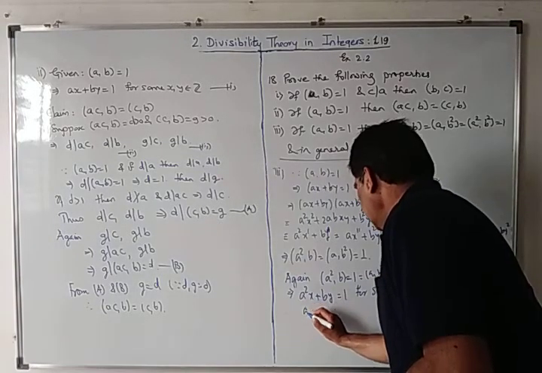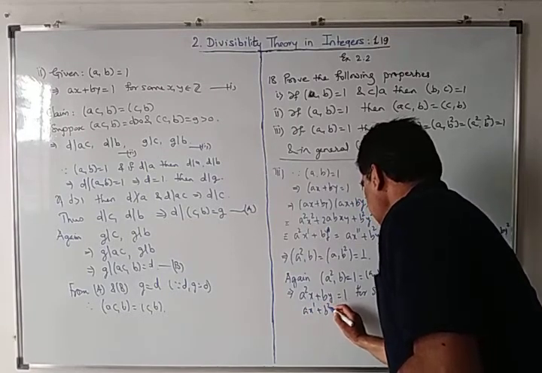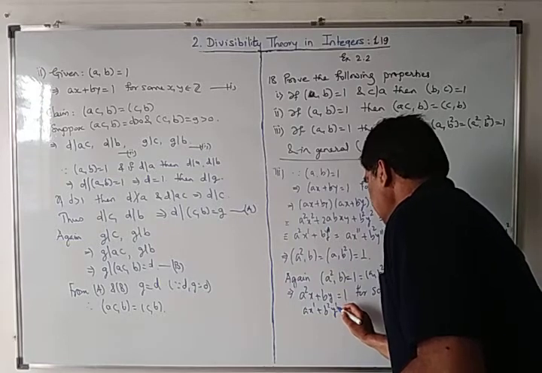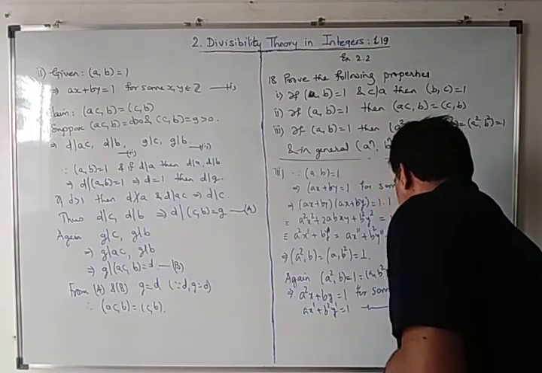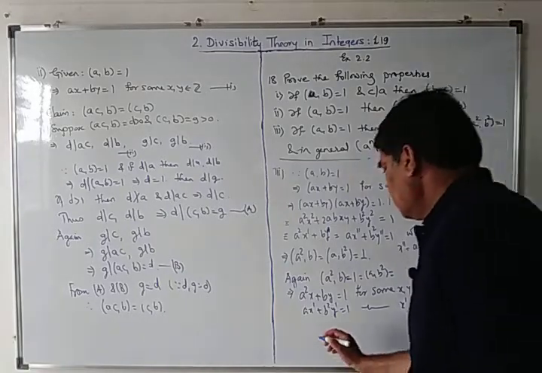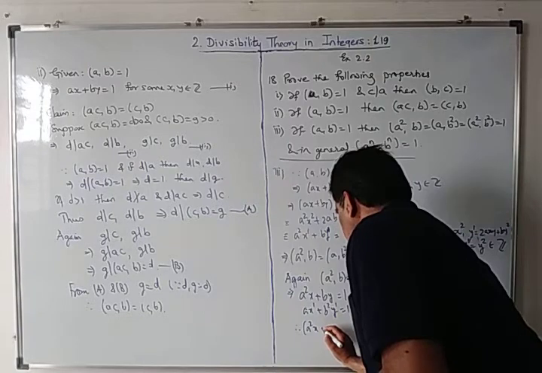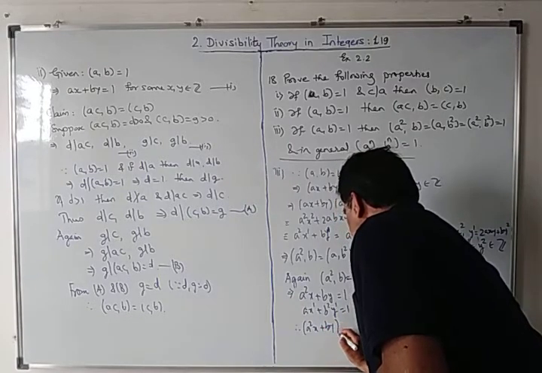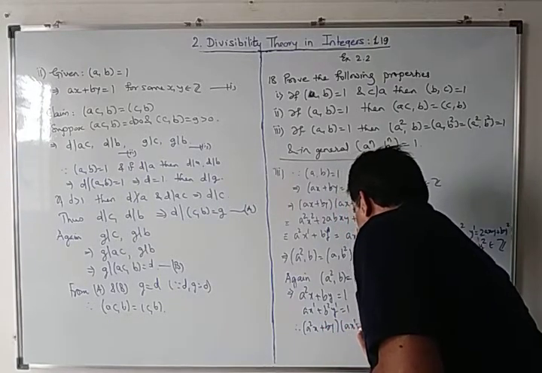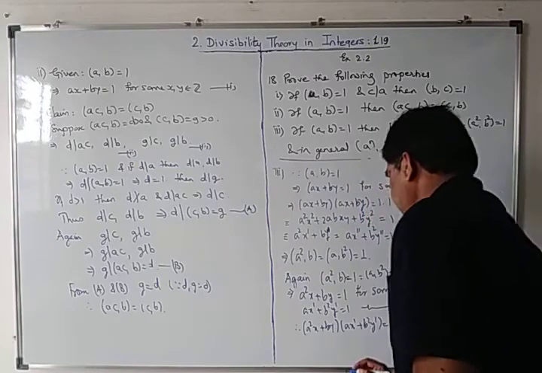So we will get a x dash plus b square y dash is 1 for some x dash, y dash belongs to Z. So we will get therefore a square x plus b square y into x dash plus b square y dash is equal to 1.